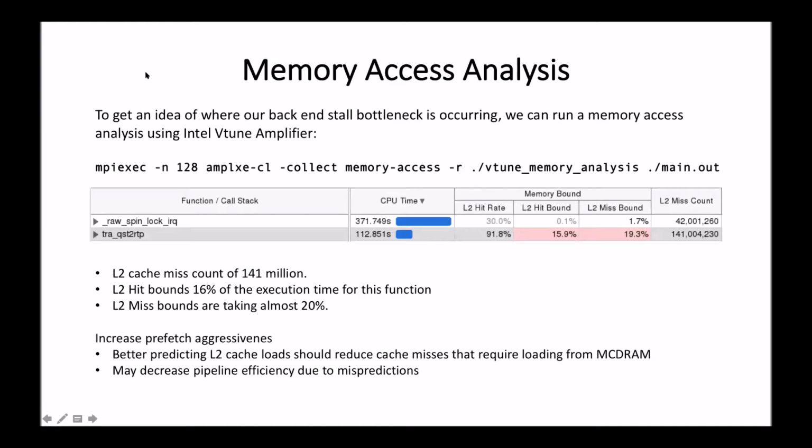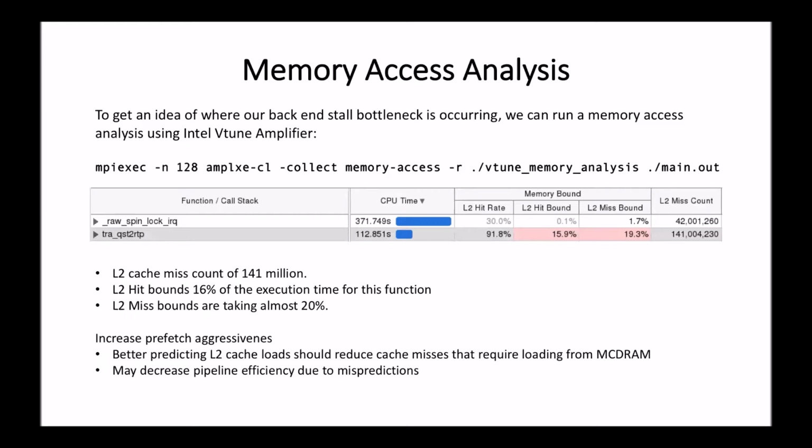To get an idea of where our back-end stall is happening, we can run a memory access analysis using VTune Amplifier. As we did before, we introduce amplxe-cl into our command line, and instead of collecting hotspots, this time we collect memory access.